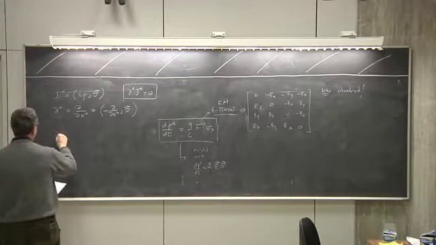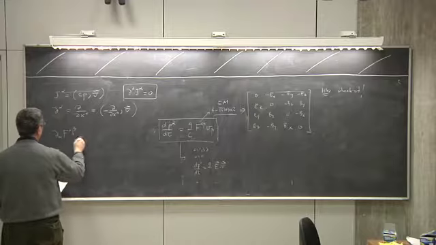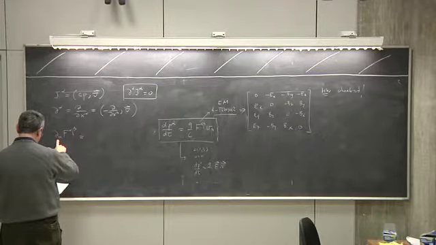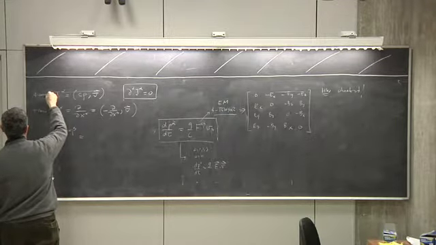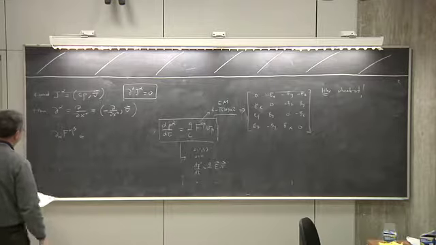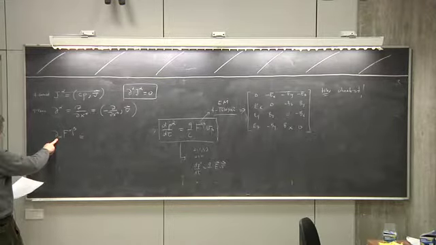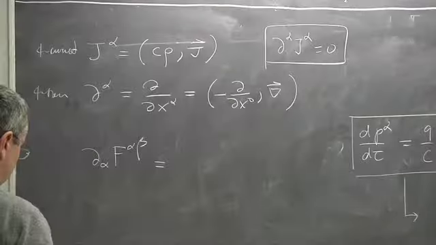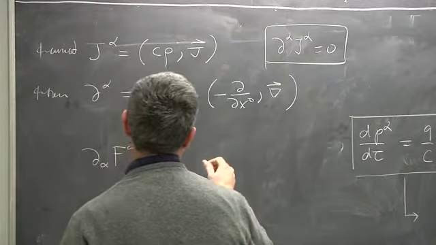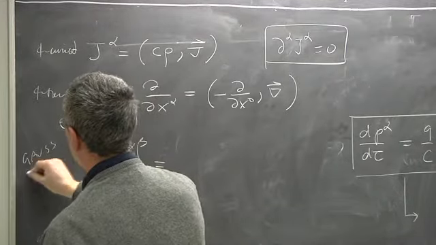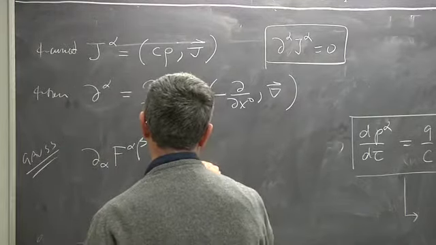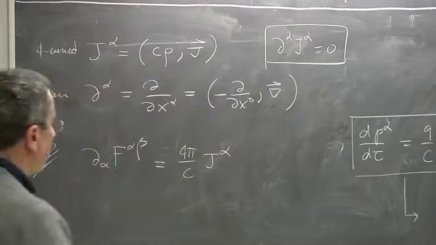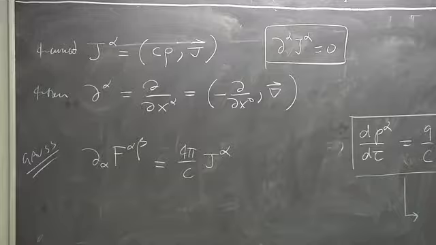And if you take d alpha F alpha beta, so this is the 4-derivative, this is the 4-current, if you take the full derivative of this electromagnetic tensor, this is equal, now I'm using Gauss units, because these notes are in Gauss units, to 4 pi over c g beta.